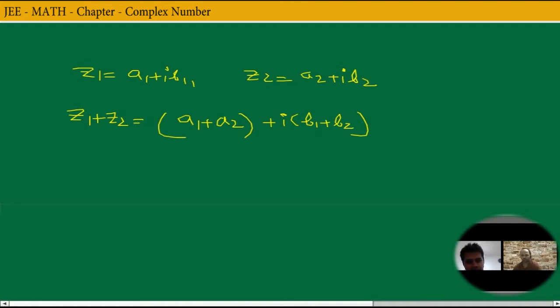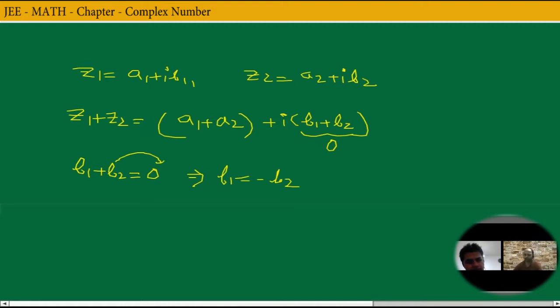It means the imaginary part is 0, only then it's possible. So B1 plus B2 is 0. What would be the relation between B1 and B2? If we transpose B2 to this side, negative B2. Perfect. You got B1 equals negative B2.